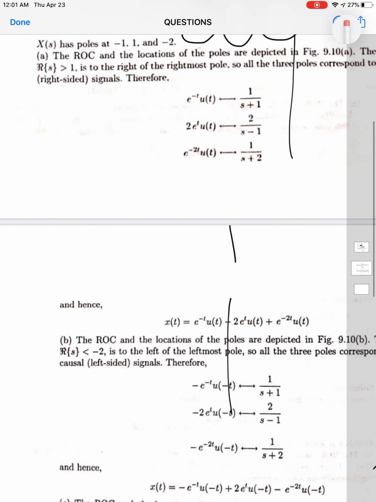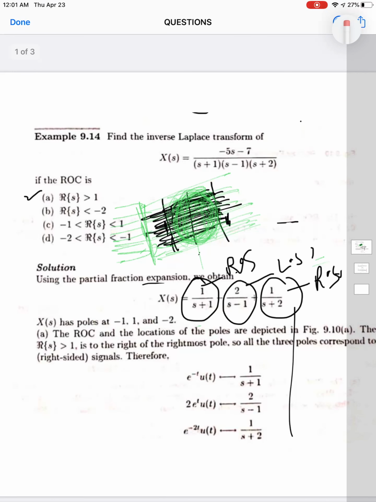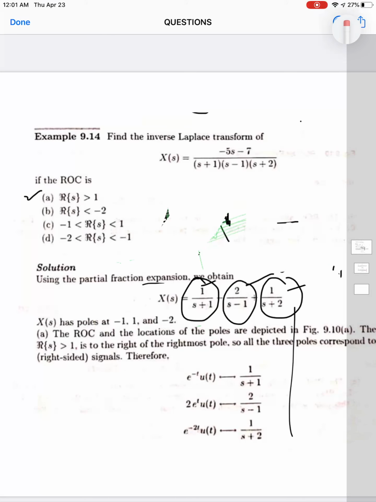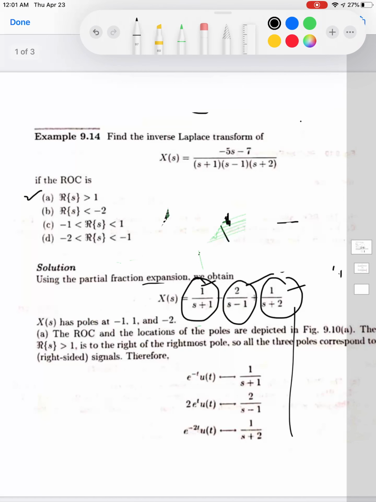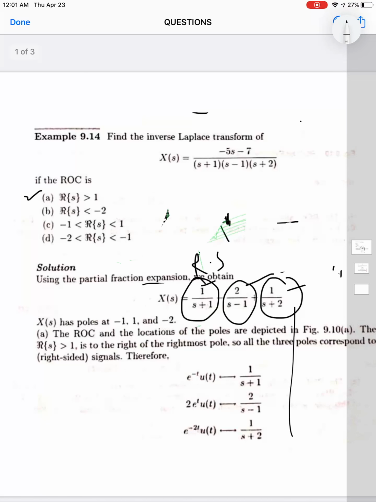For the C part, this term is right sided, this term is right sided, this term is left sided, and this term is right sided.